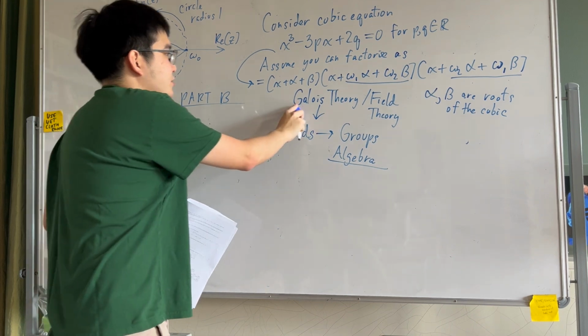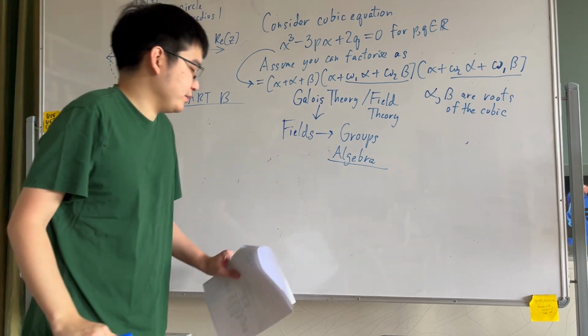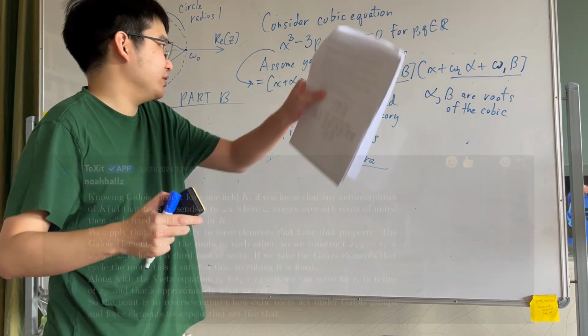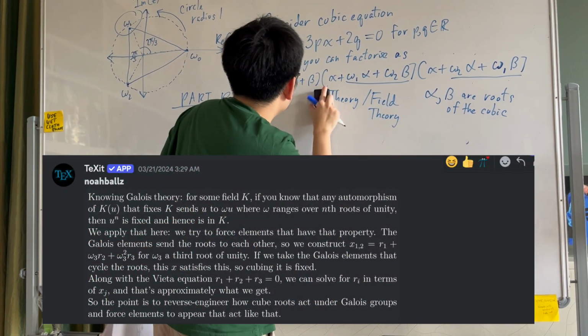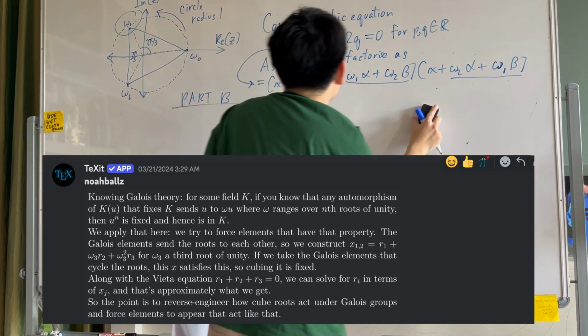And that somehow has to do with Galois and field theory, which I'll leave for this very nice commentator to go and explain. But yes, we just have to roll with the punches here.